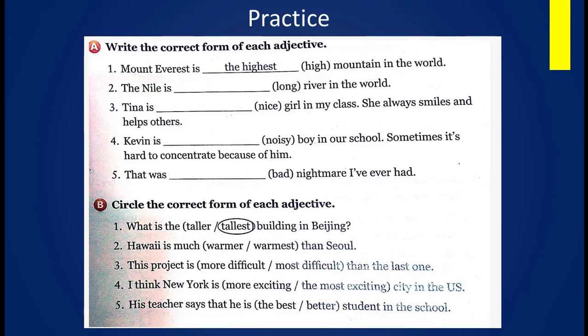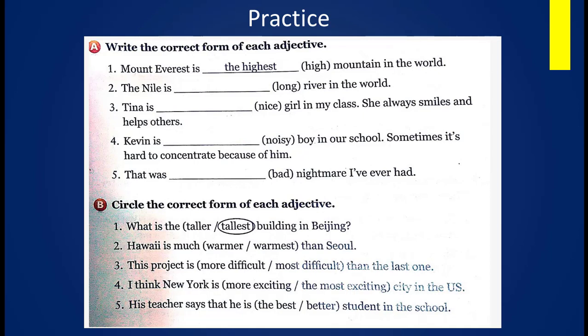Number 2, what are you going to use here? The Nile is the longest, the most longest, the more longest, which one do you choose? The answer is the longest river in the world. Number 3, Tina is the nicest girl in my class.